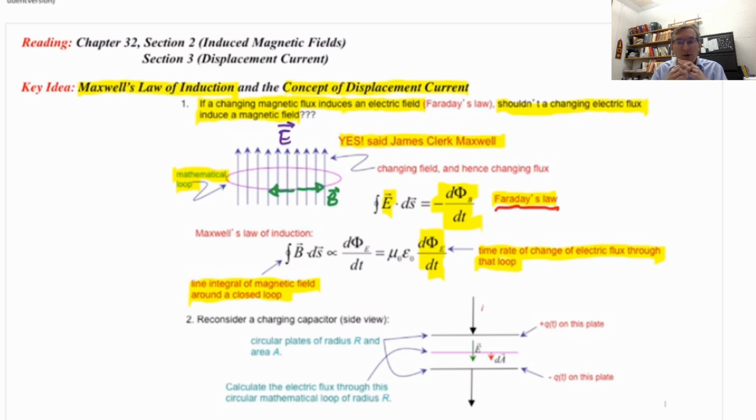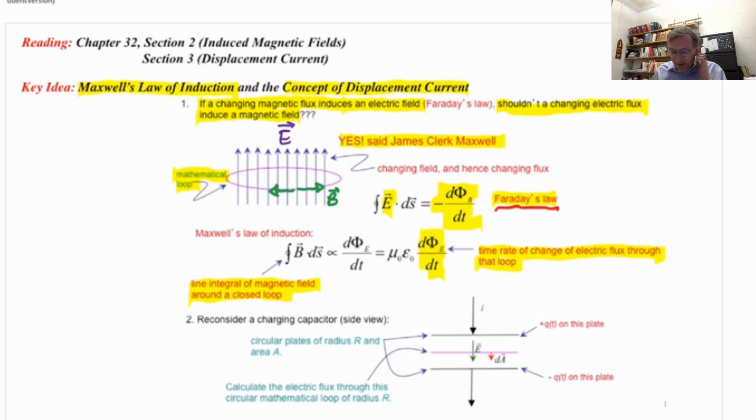And in a very loose way, for either E or B, a changing one of those induces the other. A changing E induces B. A changing B induces E. They are interwoven. And the more you study physics, the more you will see how deeply interwoven they are.